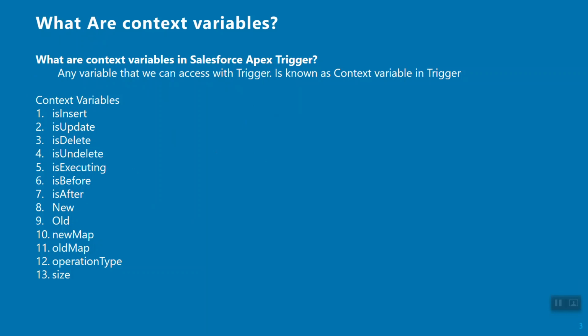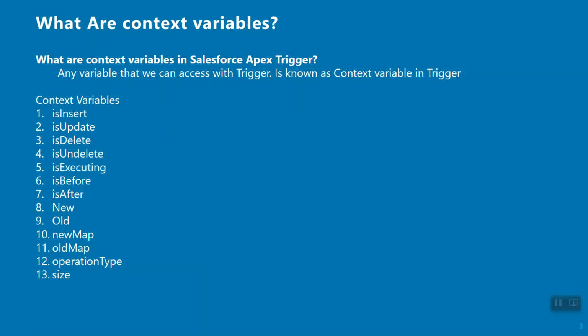It is the same as calling a static variable by its name with the help of a class. Let's say there is a class named abc and a static variable inside it named xyz. We can reference the variable as abc.xyz. The context variables are the same.